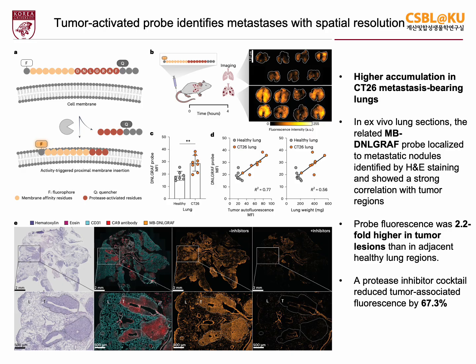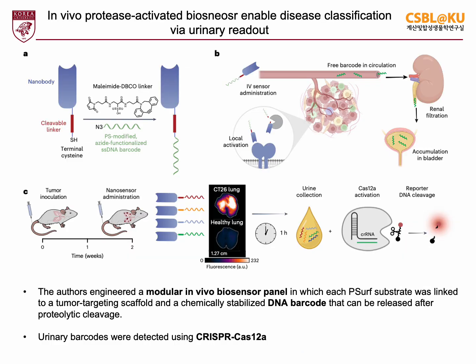After intravenous injection, the probes showed higher signal in CT26 metastasis-bearing lungs than in healthy lungs, and the signal correlated with the tumor burden. In ex vivo lung sections, fluorescence localized to metastatic nodules identified by histology and was about 2.2-fold higher in tumor regions than in adjacent healthy tissue.